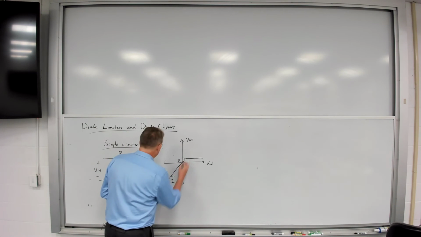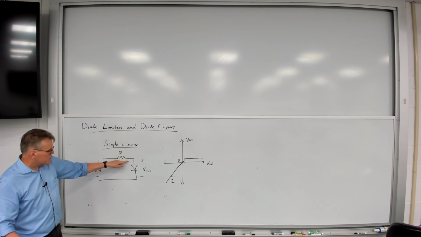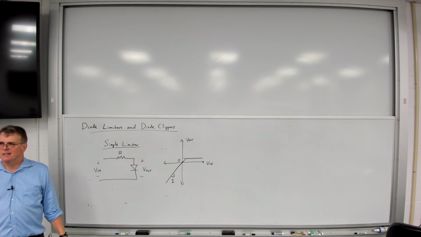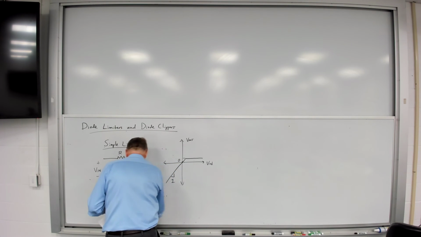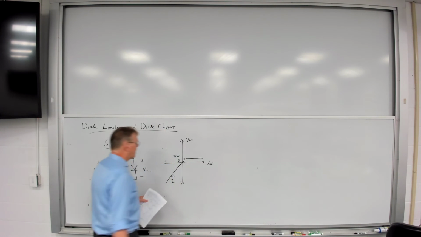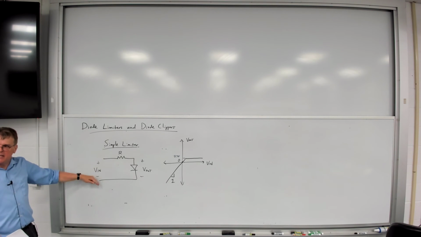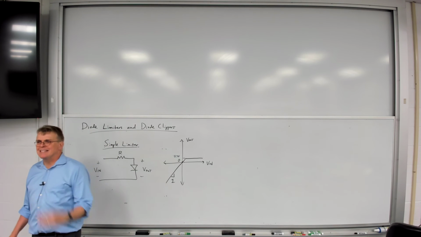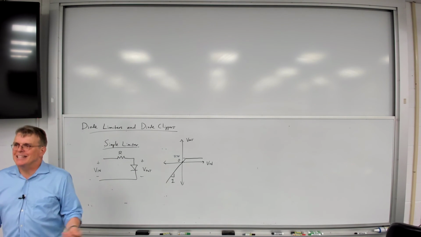Once that diode turns on, no matter what current flows through that resistor, the voltage drop across the diode is essentially constant, about 0.7 volts. So I can have a range of positive and negative voltages, but the positive voltage is limited to a maximum value of 0.7 volts. It's a limiter.